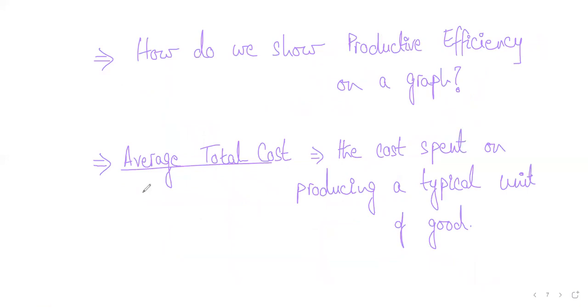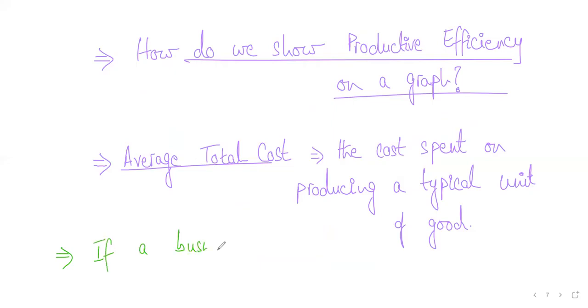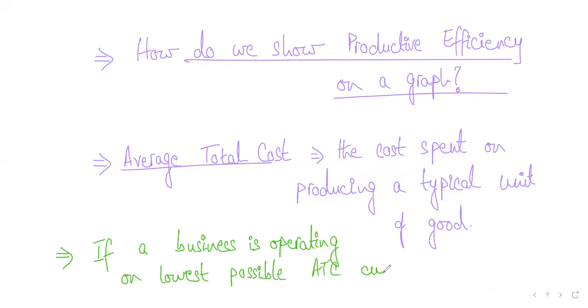The answer is: if a business is operating on the lowest possible ATC curve, then it is productively efficient, otherwise not.